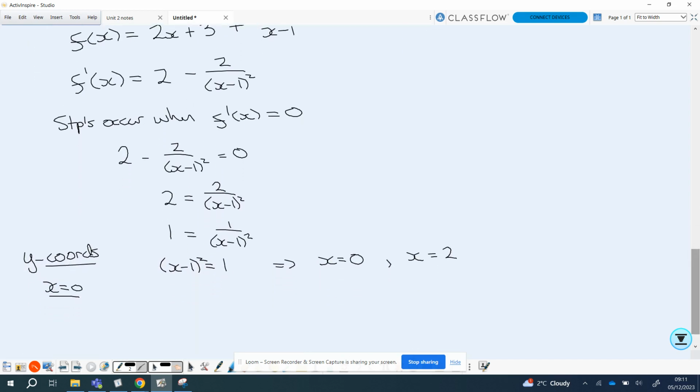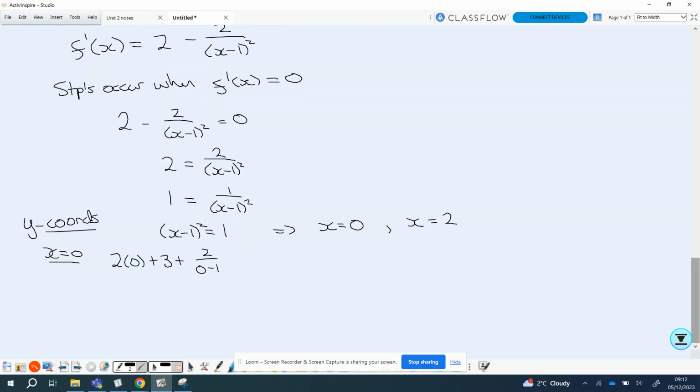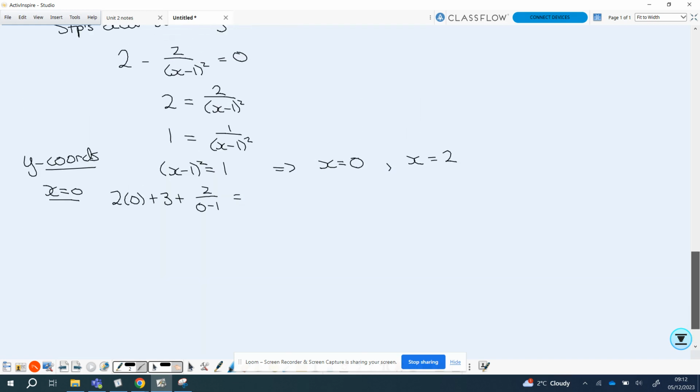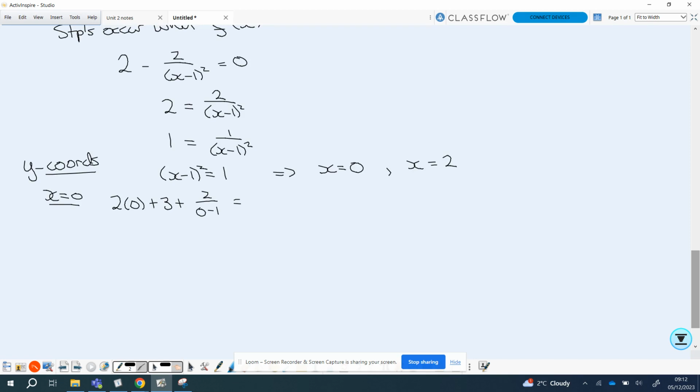So it's going to be 2 lots of 0 plus 3 plus 2 over 0 minus 1. So what will that actually give me? That's going to give me 2 divided by negative 1, so negative 2. That's just going to give me the value 1. So it's going to give me the coordinate 0, 1.